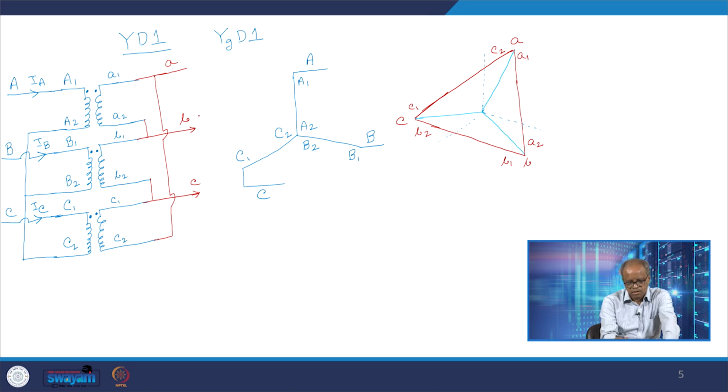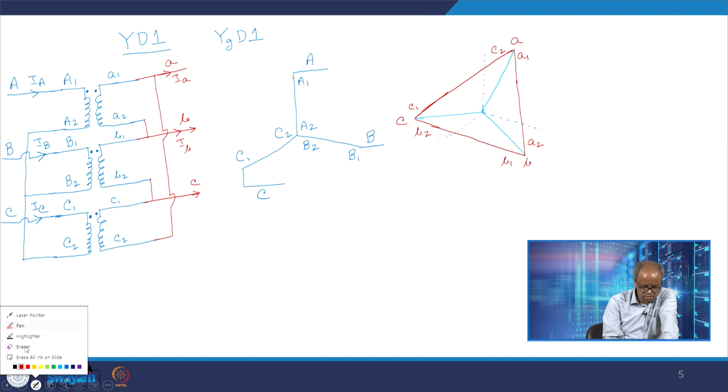We call it I small a, it is I small b. These arrows are not necessary here, they will actually create confusion.